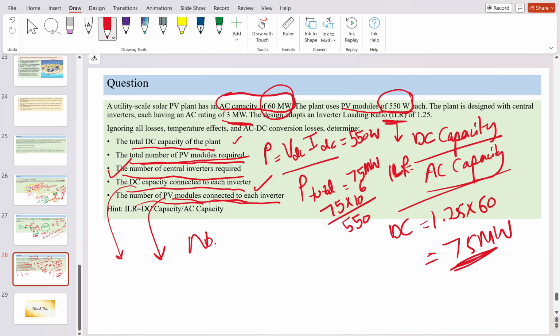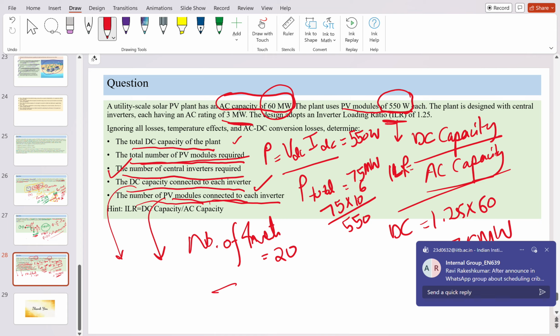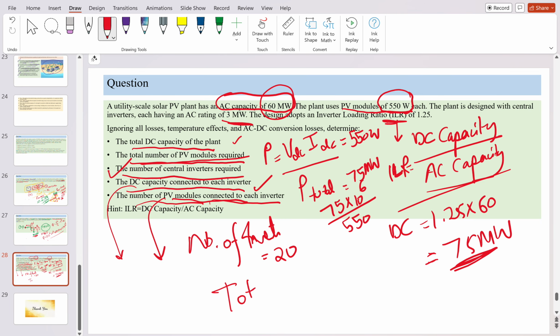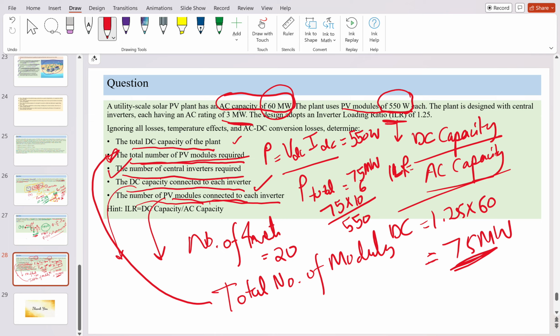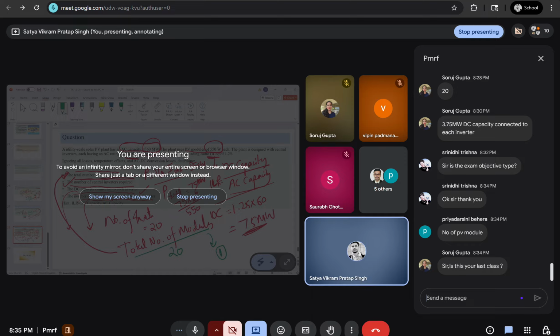You get the number of central inverters equal to 20, and you have also got the total number of modules from the second part of this question. What you have to do is just divide the total number of modules by 20. You will get how many modules will be connected to a single central inverter.